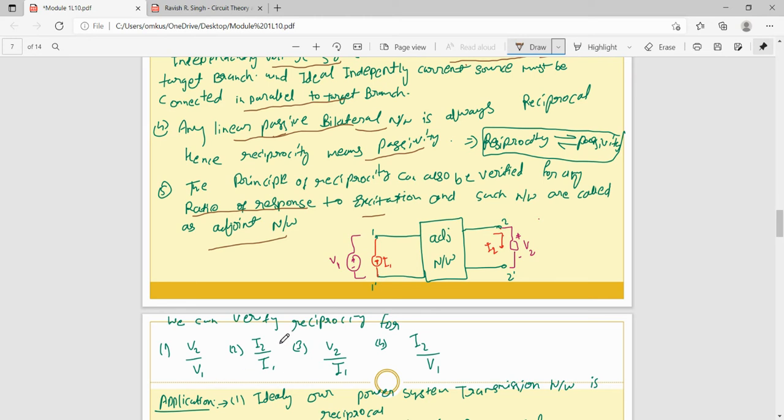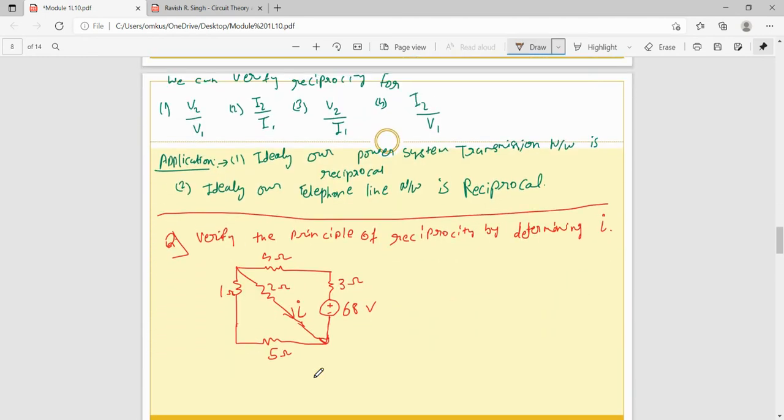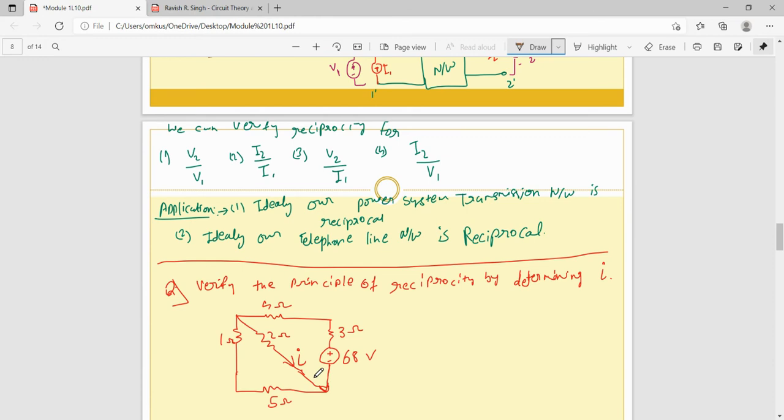So see, V2 by V1, I2 by I1, V2 by I1, I2 by V1. By using these four parameters you can verify this circuit. Now in two port networks we will see the detail about these four parameters, okay.